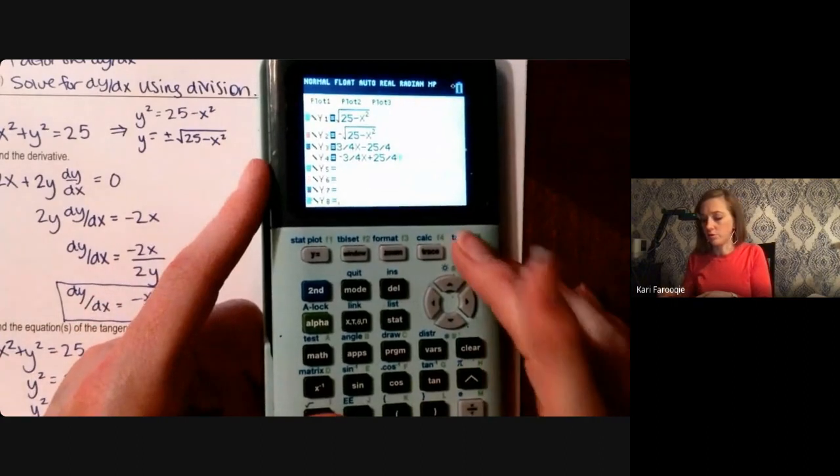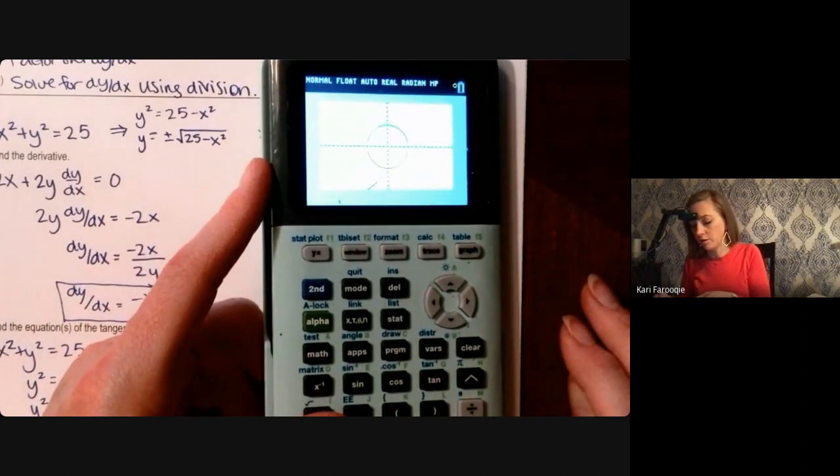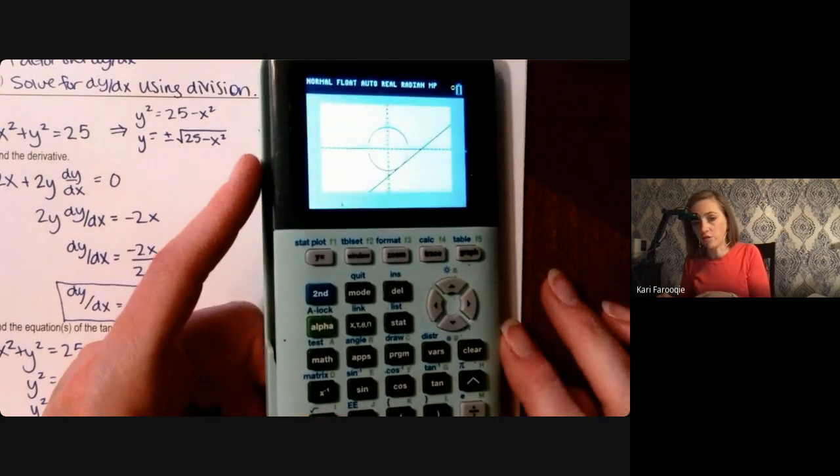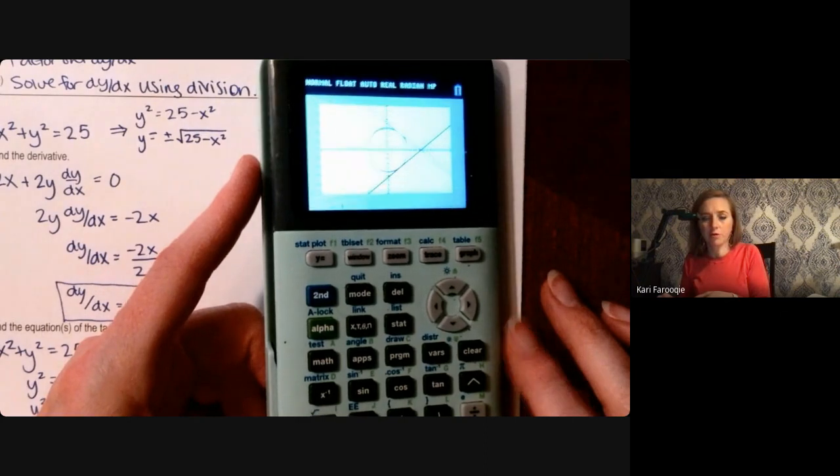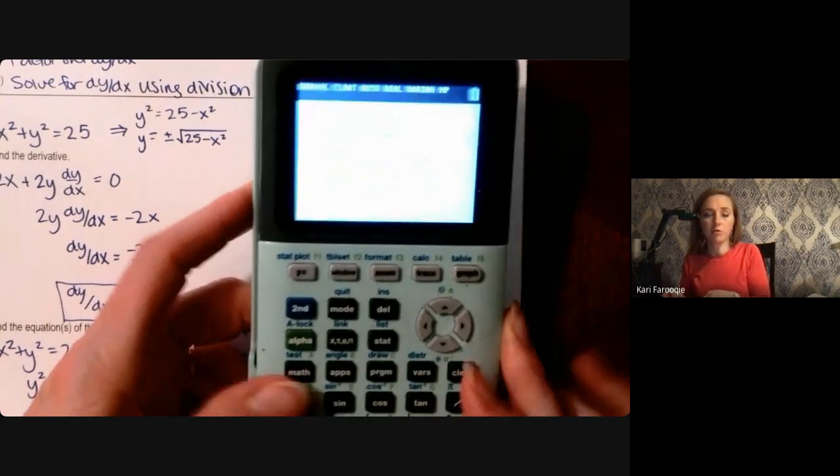And then you can graph all that. There's that second equation of the tangent line that we found. There's the first one.